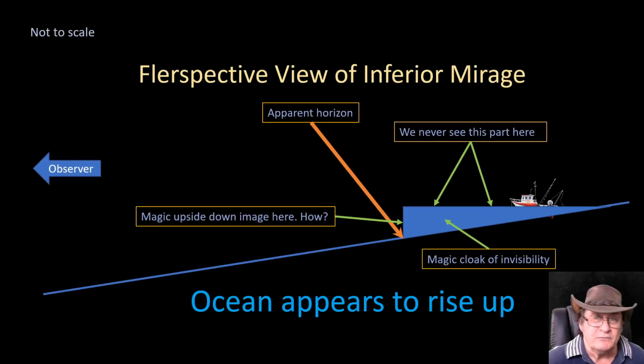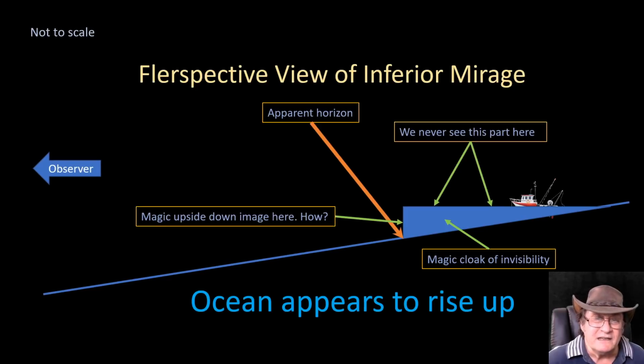So we've got this ship here, it's submerged into the inferior mirage, and so therefore if it's just some kind of magic cloak, there should be a front because it has thickness. So how does this magic upside down image appear here? Oh, there's a question. How does that happen? Show me the light rays that make that happen. And here's the apparent horizon here because, behind that we can't penetrate this cloak of invisibility here, this magic cloak.